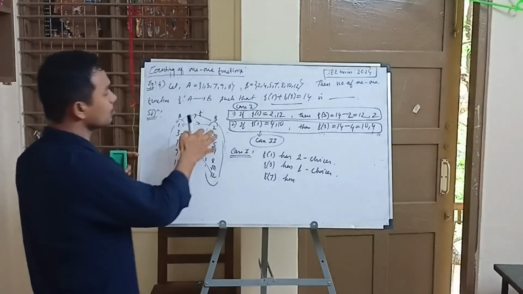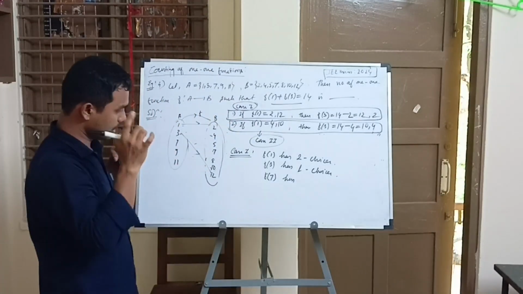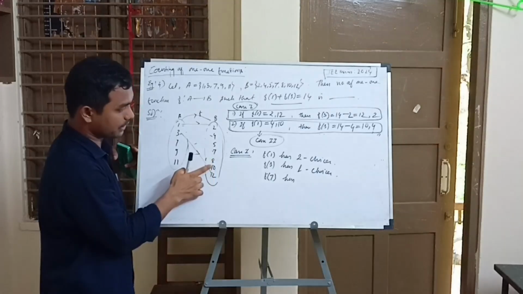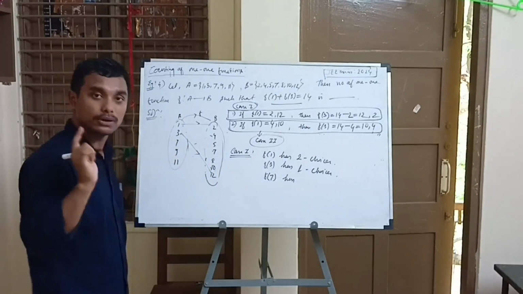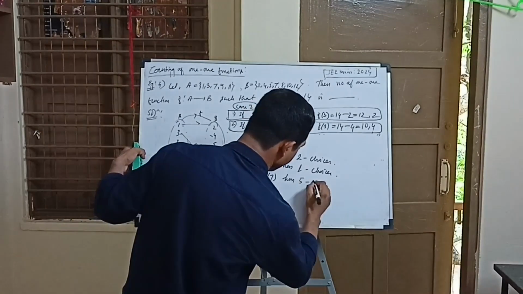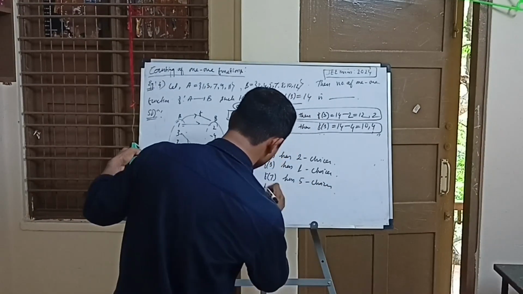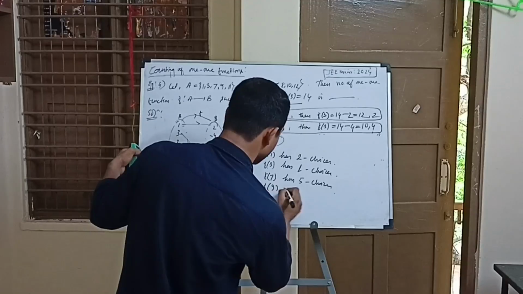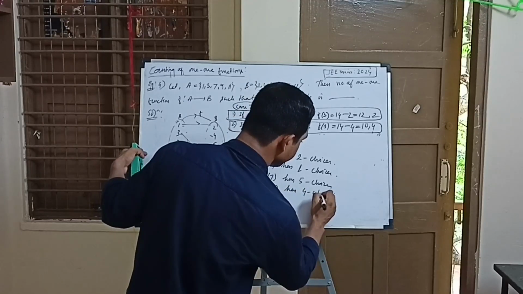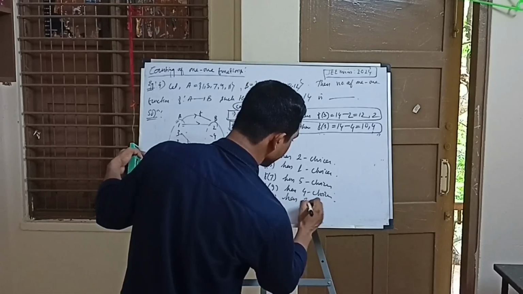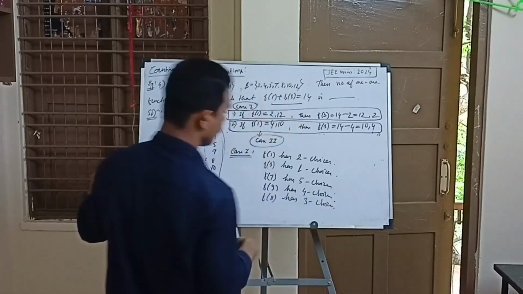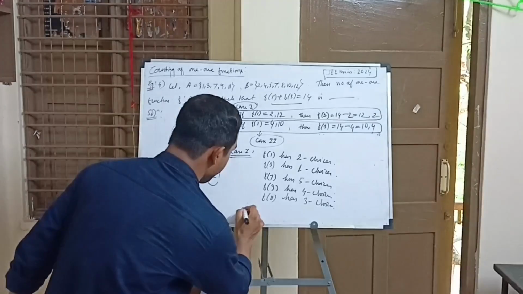If f of 1 is 2 and f of 3 is 12, then f of 7 has 5 choices. F of 7 may be 4, 5, 7, 8 or 10. Correct? 5 choices. Similarly, f of 9 has 4 choices. Similarly, f of 11 has how many choices? 3 choices. Okay.